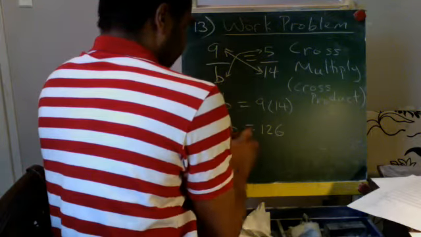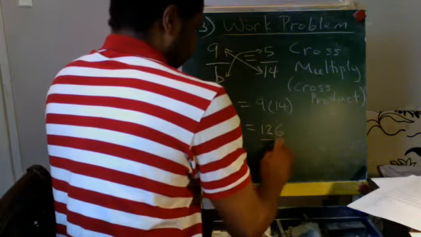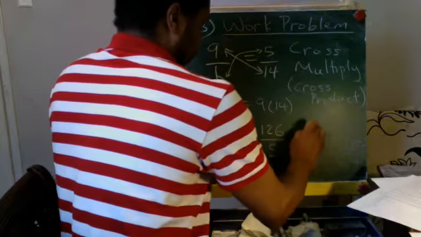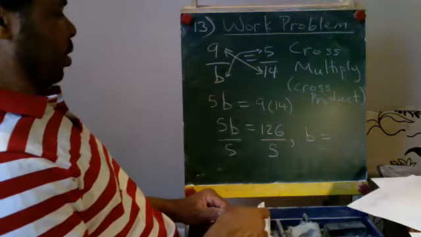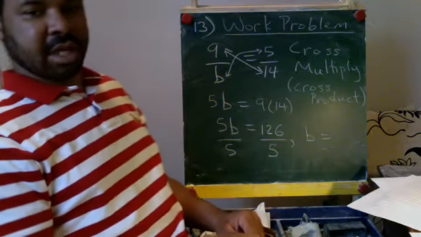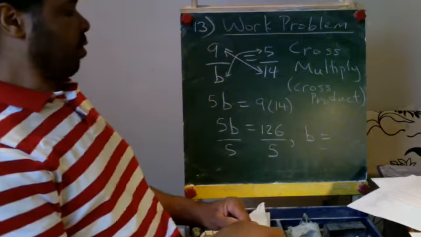So I'm going to divide by 5. And that's going to give me that B is equal to 126 divided by 5, which is the same as 252 over 10. So that should be 25.2.